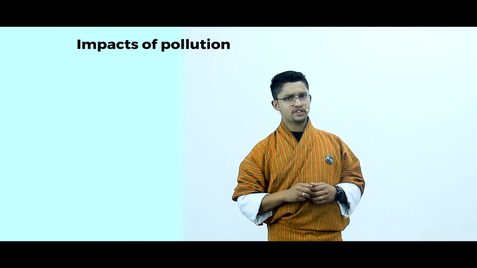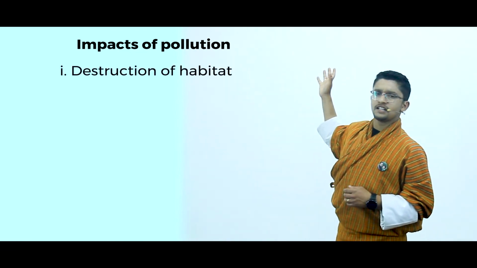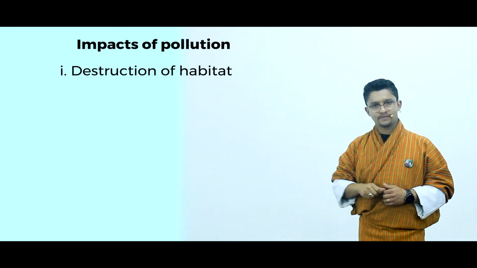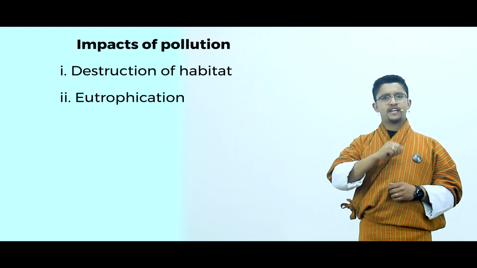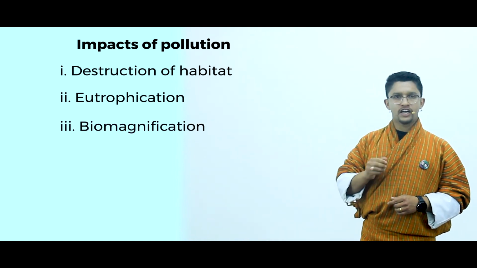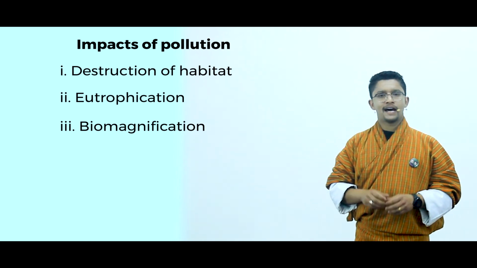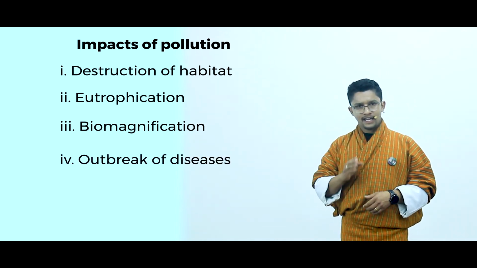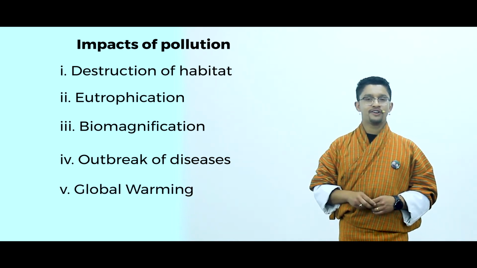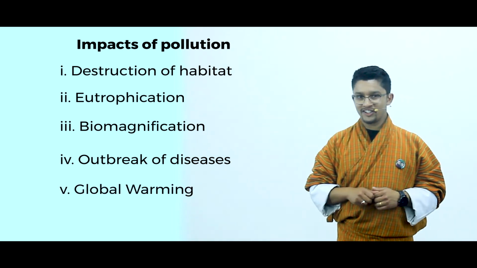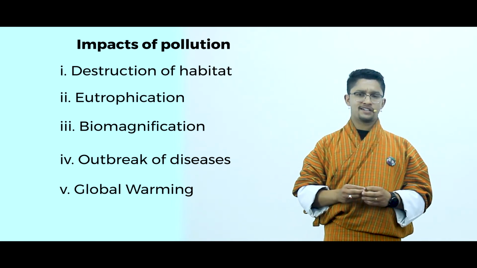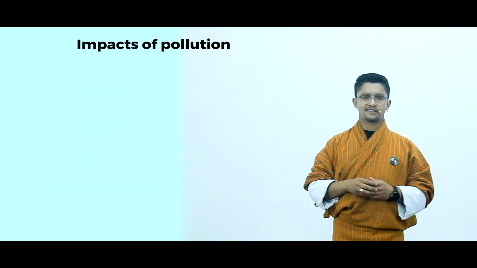So if I have to specify, here are some of them. The first one is habitat destruction. Second is eutrophication. Third is biomagnification. Fourth is outbreak of diseases. And the fifth one is greenhouse effect, or in the long run, global warming. So let us briefly look at what these things are.